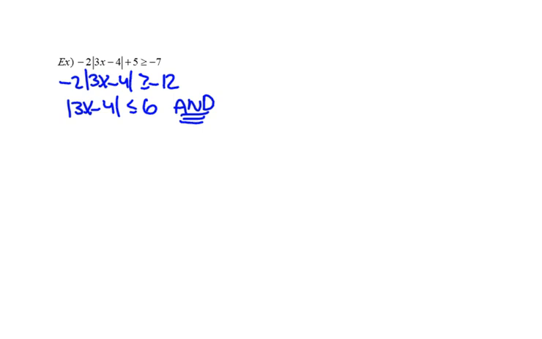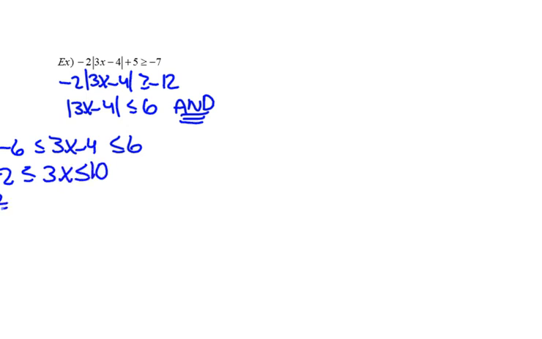Okay, so again, I will show both methods. The first method would be this. Okay, add the 4. And divide by 3. Now, again, I want to make sure this makes sense. Remember, that's telling me x is greater than or equal to negative 2/3.